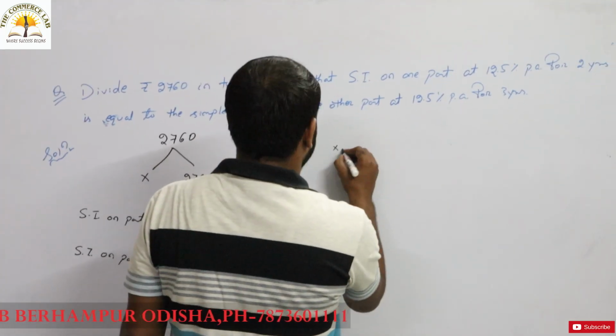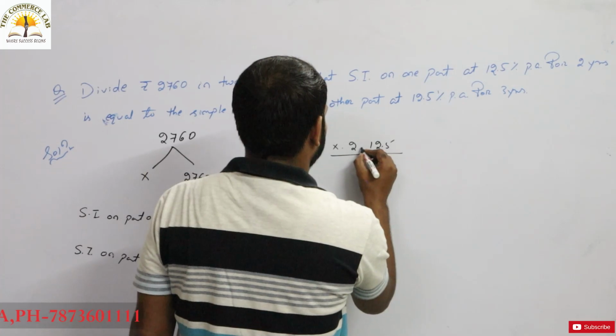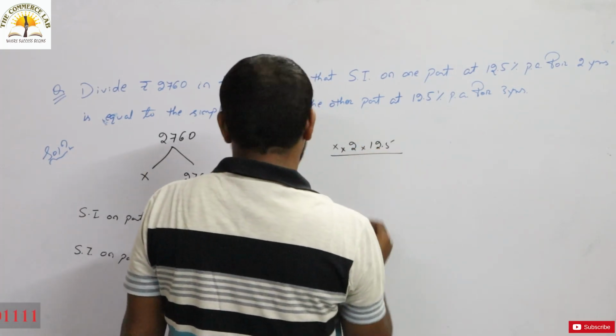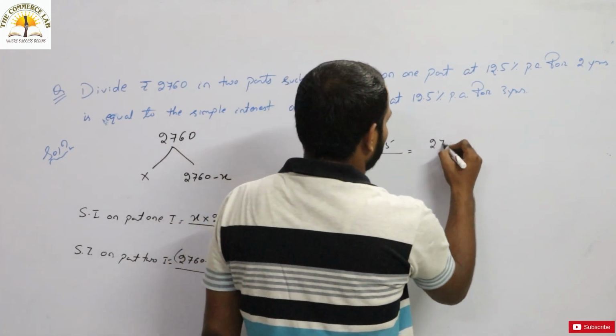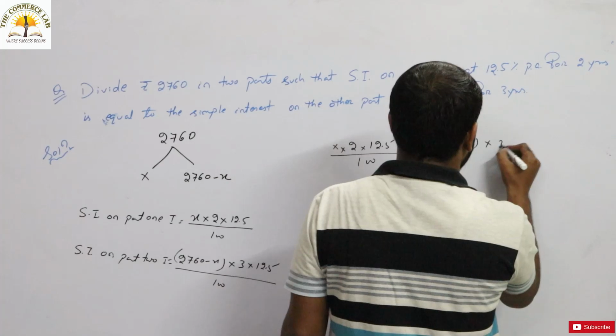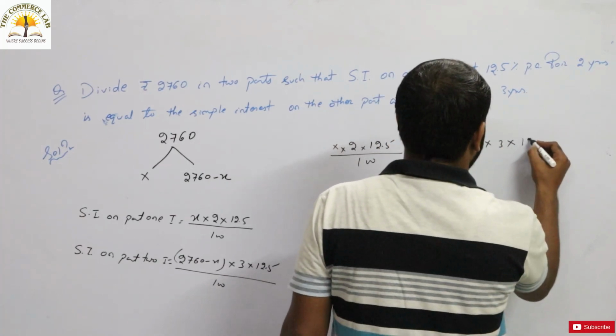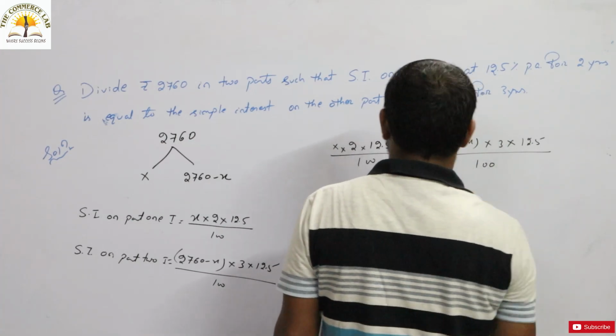That means x multiplied by 2 multiplied by 12.5 by 100 is equal to (2760 minus x) multiplied by 3 multiplied by 12.5 divided by 100.